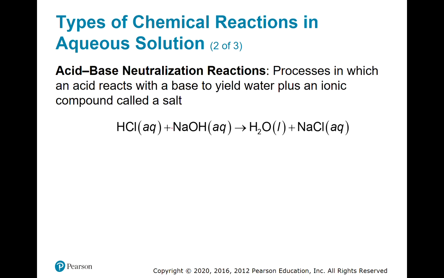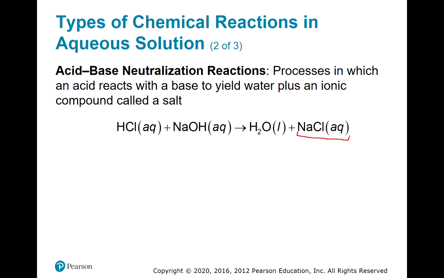The next type of reaction that we'll get into detail on are what are called acid-base neutralization reactions. And these are reactions where an acid reacts with a base, as the name implies, and the products of these reactions are generally water plus some ionic compound, and the ionic compound that's formed in any such reaction is referred to as a salt.